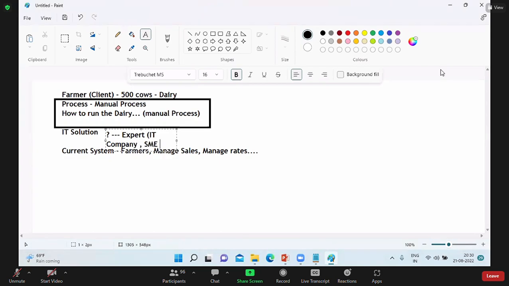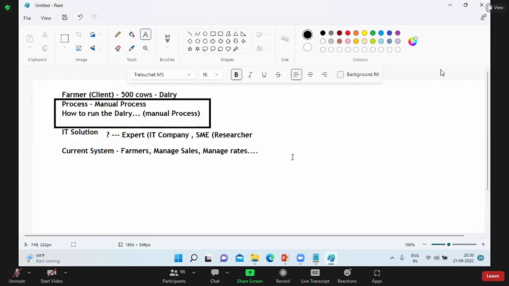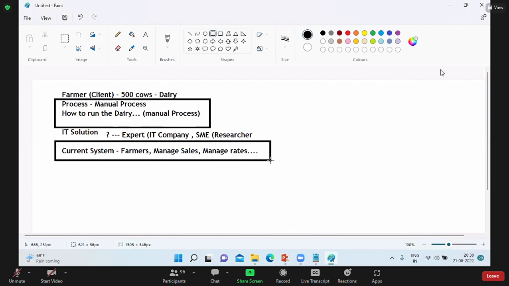Who is this SME? The one who has knowledge of this. He could be a researcher. Even universities that have research people are helpful, because they come under the same background, right? So they approach these people, and after understanding his proposal, they come up with: you need these things.